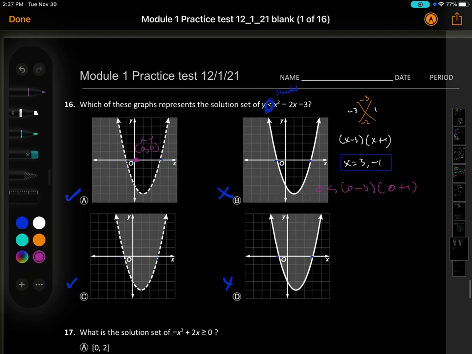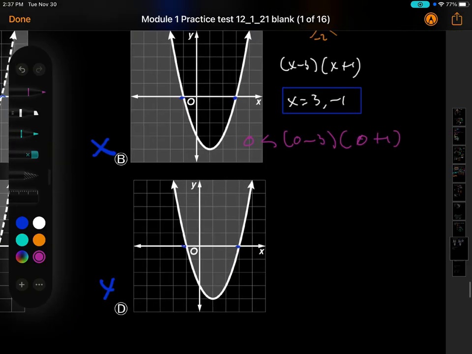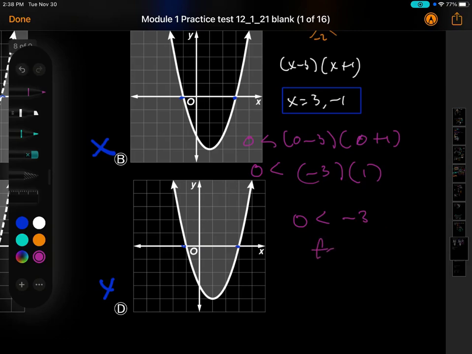Let's see if it's true. If it's true, then we shade it. So is 0 smaller than negative 3? This would be false. So don't shade 0, 0.